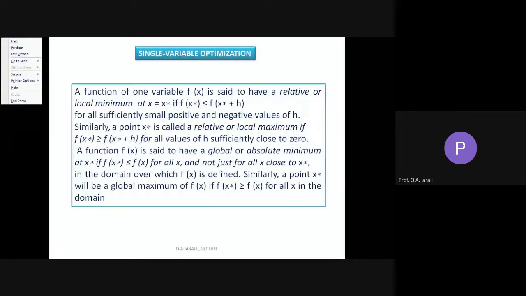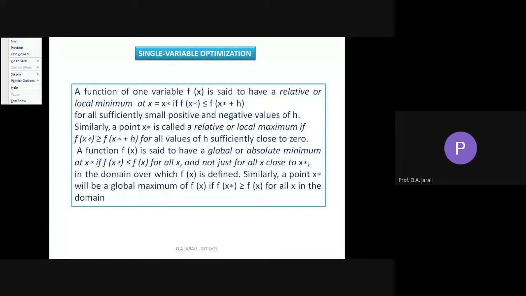Similarly, a point x star is called relative or local maximum if f of x star is greater than or equal to f of x star plus h for all values of h sufficiently close to 0.